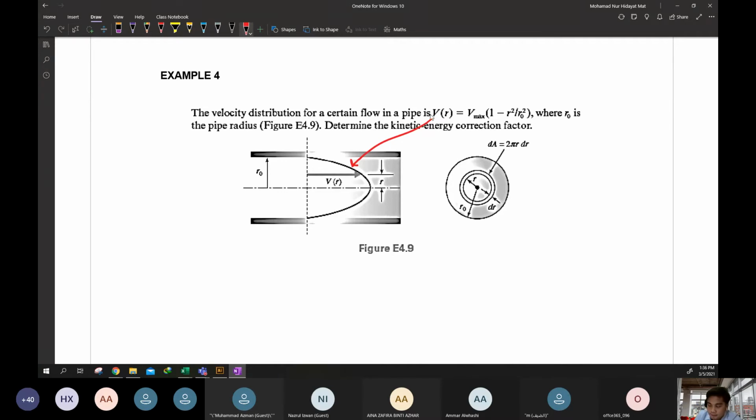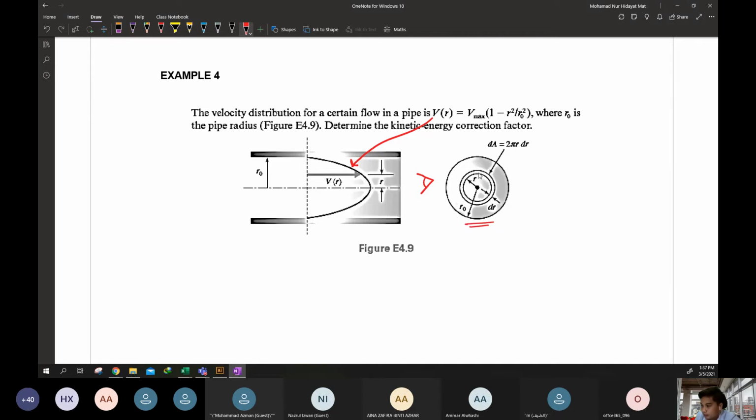V of R, so that means velocity is a function of R. Changing the R will change the velocity magnitude. So this is V max times bracket 1 minus R squared over R naught squared. So when you look at this section, you will have this view.